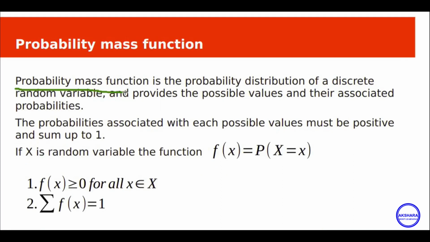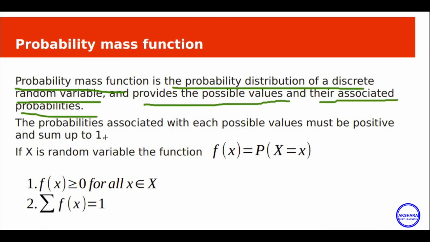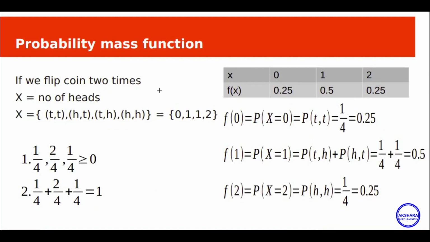Probability mass function. It is the probability distribution of a discrete random variable, and it provides the possible values and their associated probabilities, such that the probabilities associated with each possible value must be positive and the summation of all those values should be equal to 1.